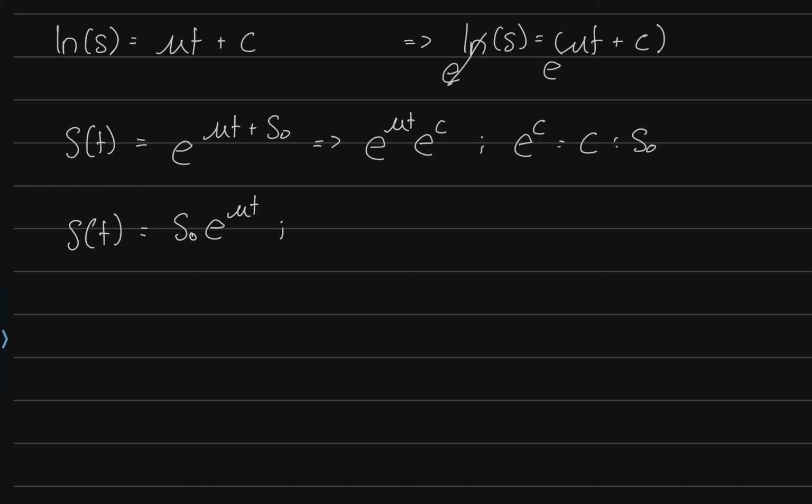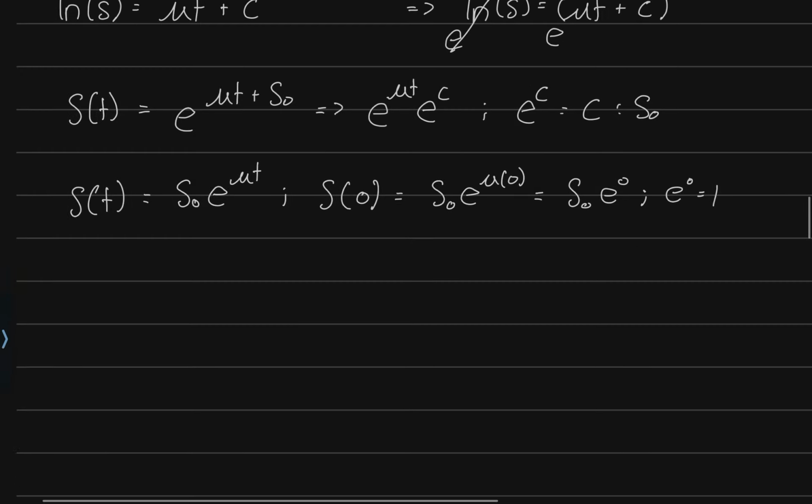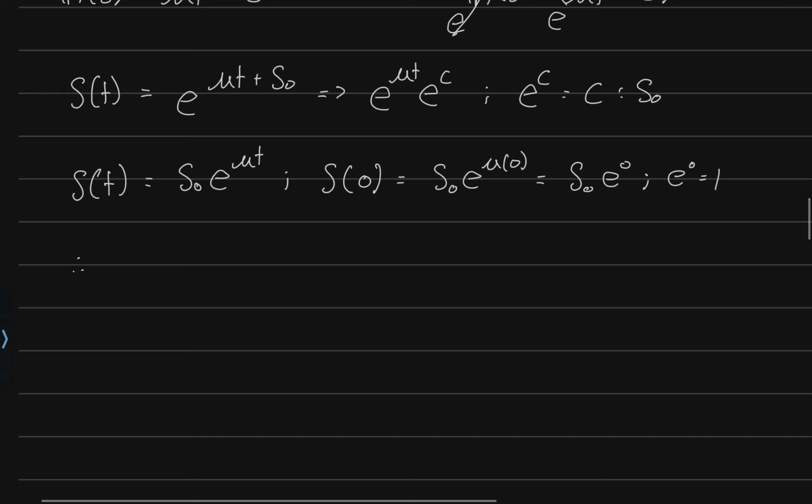And to confirm this, if we take S of 0, for example, then we'll have our initial stock price, e to the power of mu times 0, so it's going to be S of 0 times e to the power of 0. And we know that e to the power of 0 is equal to 1. Therefore, our stock price at time equals 0 is going to be our initial stock price. So that checks out. Cool.